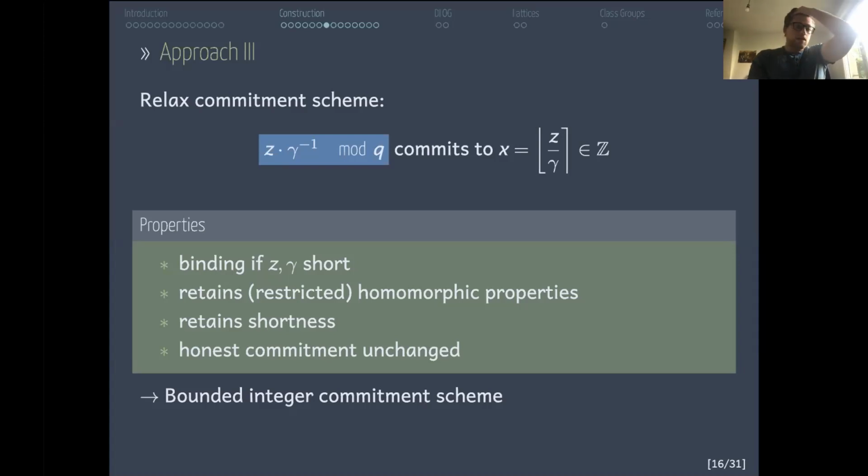So it's important that all the integers that are committed to are inside a given bound. This is why it's only a bounded integer commitment scheme, because you cannot commit to any x. You can only commit to x inside a given range. Yeah, thank you. Okay, perfect.